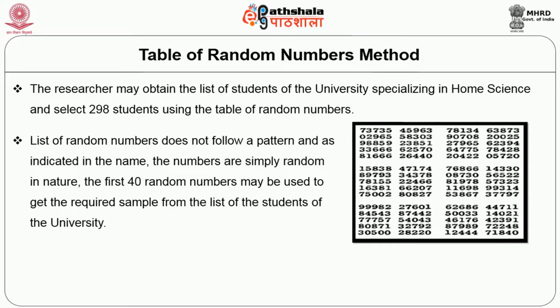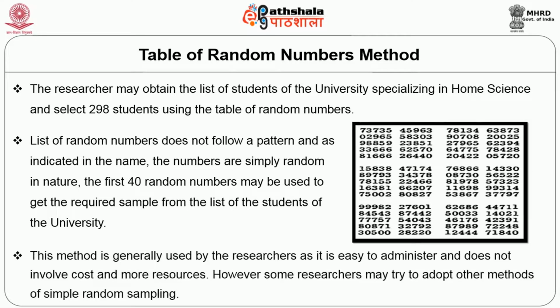The first 40 random numbers may be used to get the required sample from the list of the students of the university. This method is generally used by researchers as it is easy to administer and does not involve cost and more resources.